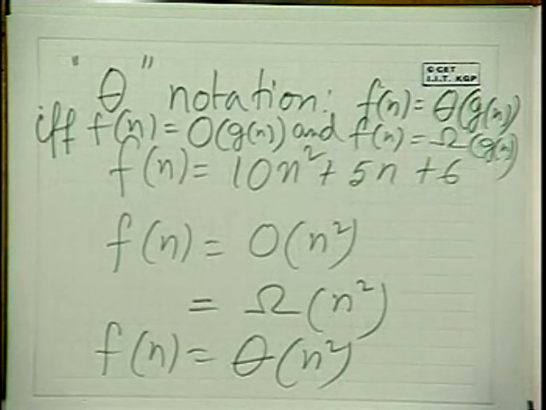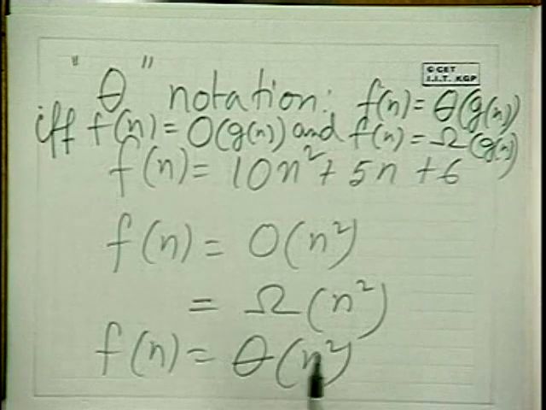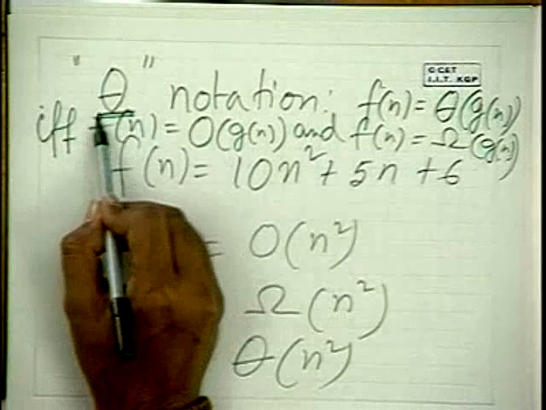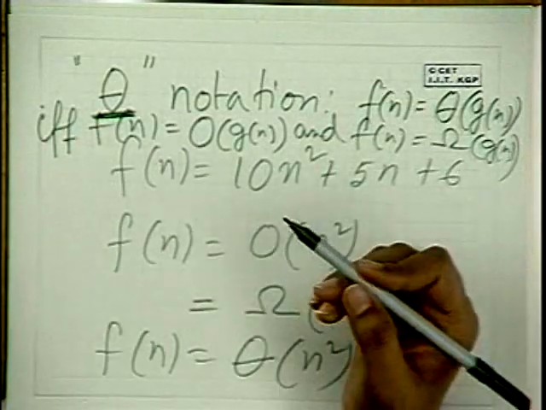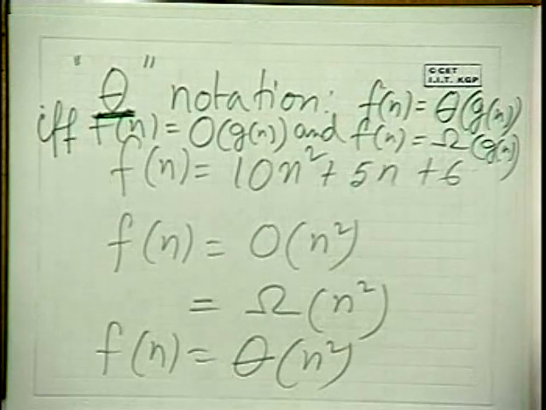Now you can see what the ultimate goal of analyzing an algorithm should be. The ultimate goal is to prove something is theta. Then nobody can question you, at least with this analysis of this algorithm, because you have already shown this is at least, and you have also proved that this is at most. So you have achieved the optimal. If you can show something is theta, then that analysis is optimal.